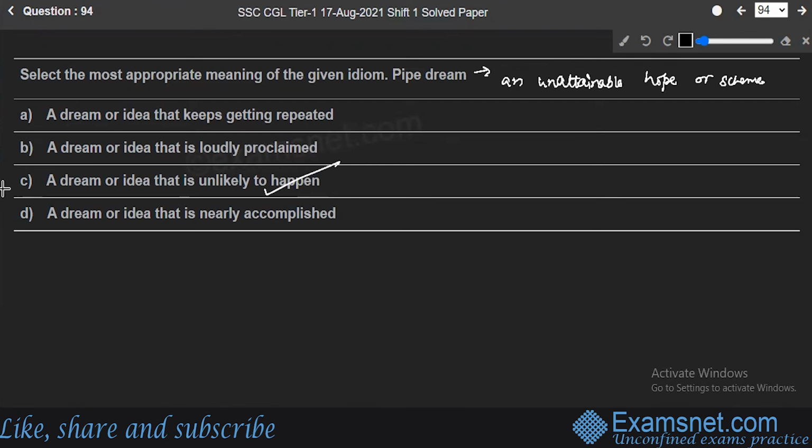Let's make another sentence also so that we can be sure of our answer. For example, free trade in international aviation will remain a pipe dream.